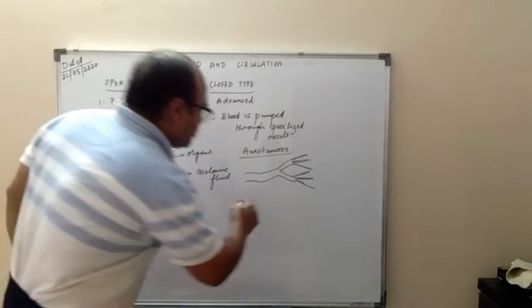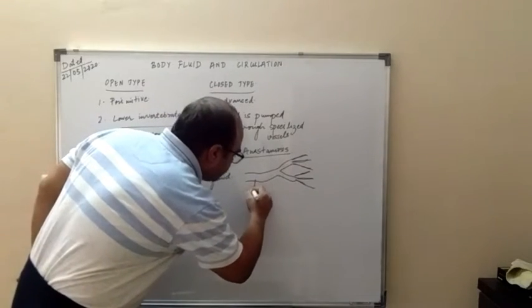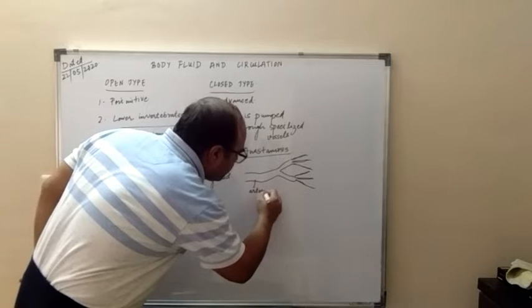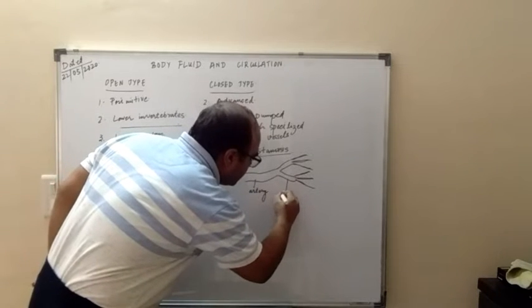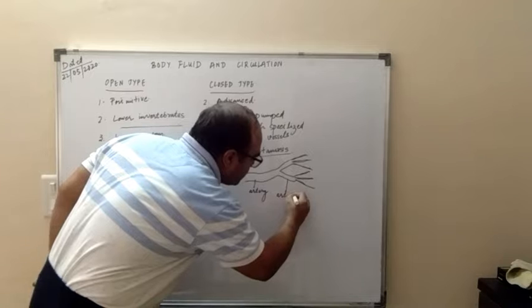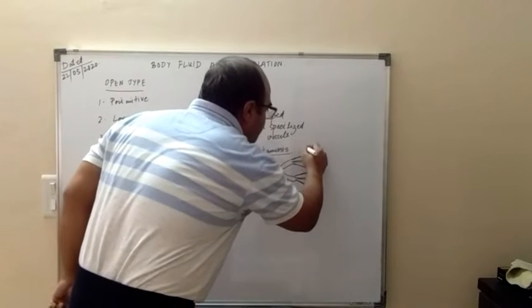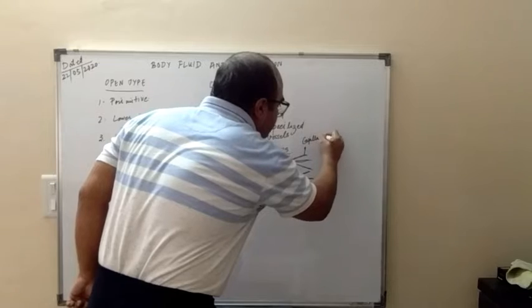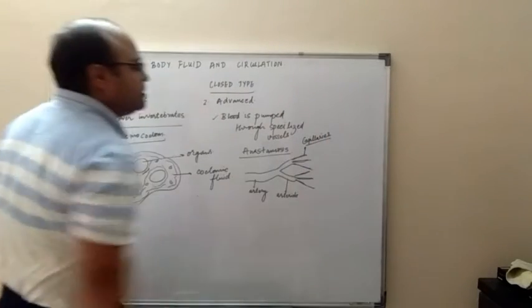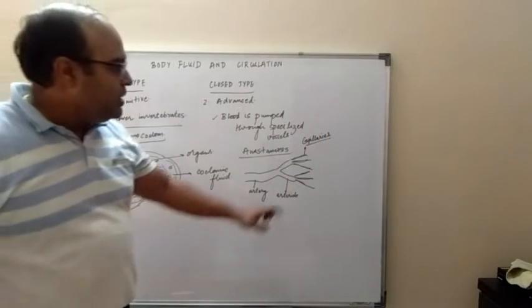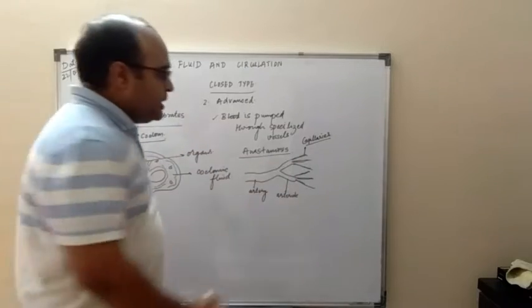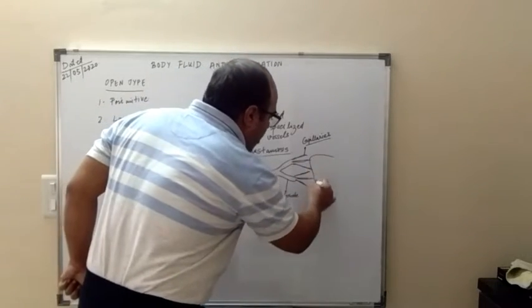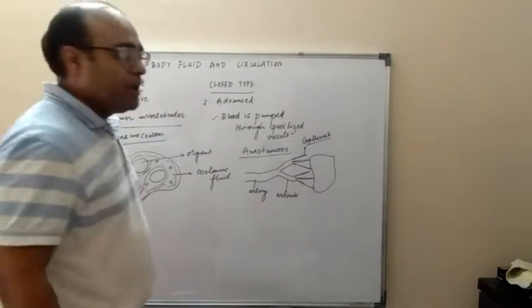Okay, so this was an artery, this is an arteriole, and this happens to be capillaries. Okay. Now here is the organ.